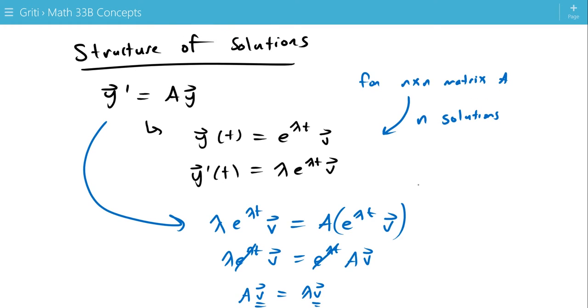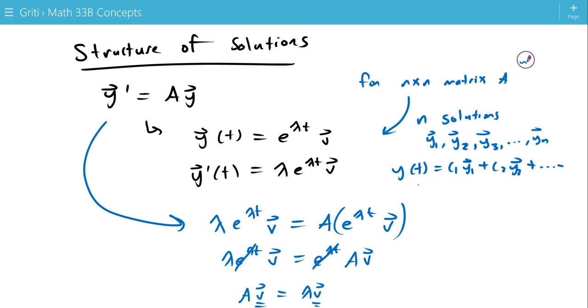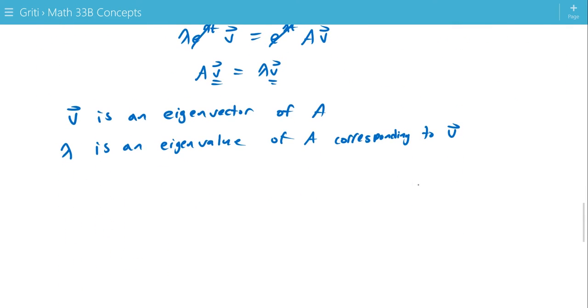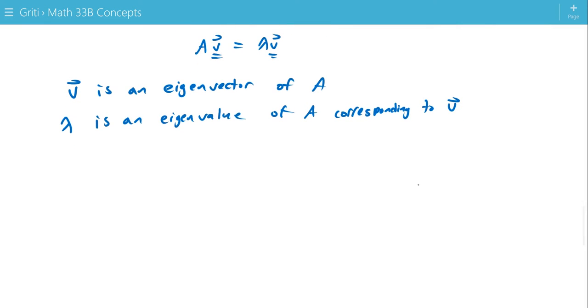And the whole solution, the total solution, if these solutions end up being y1, y2, y3, all the way to yn, our total solution is going to be y of t equals c1 y1, sorry, these should be vectors, so c1 y1 plus c2 y2 plus all the way to cn yn. So we need to find our eigenvalues and eigenvectors to find all these solutions.